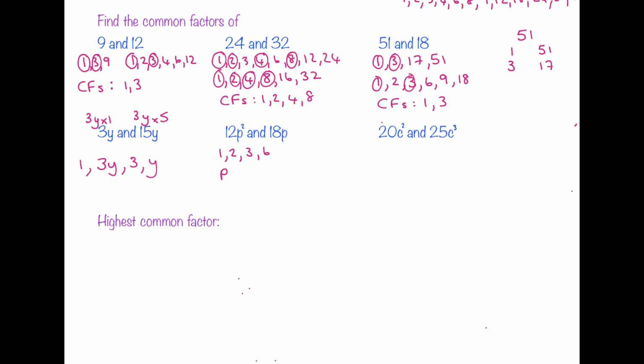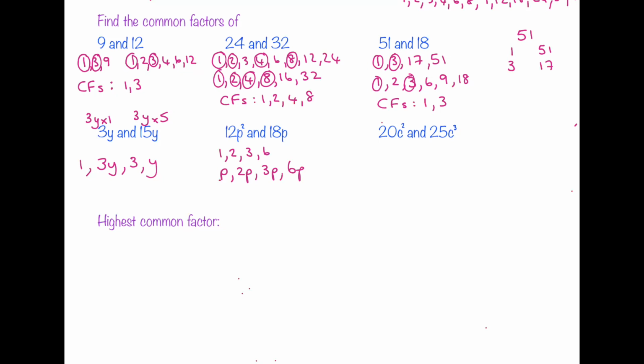So the common factors here are any combination of 1, 2, 3 or 6 with p. If we list those, we'd have 1, 2, 3 and 6, and we've got p, and then we'd also have 2p or 3p or 6p. So it's any combination of those numbers that are the common factors with the p's.